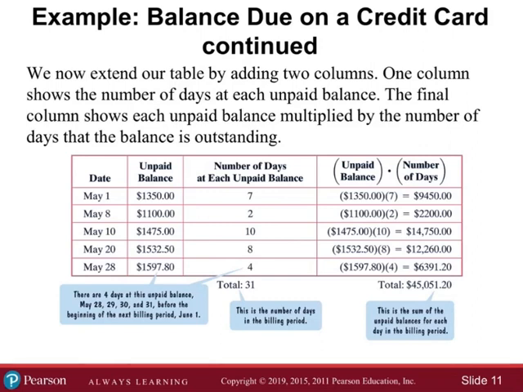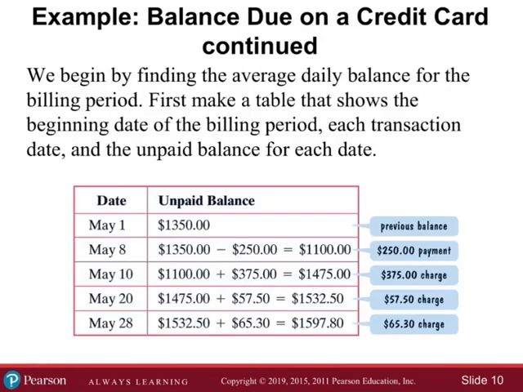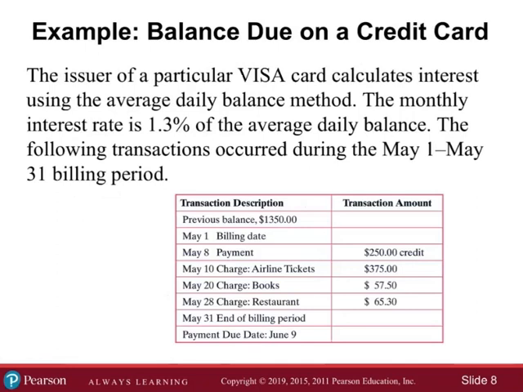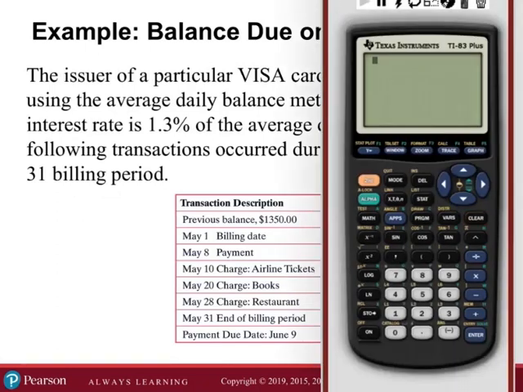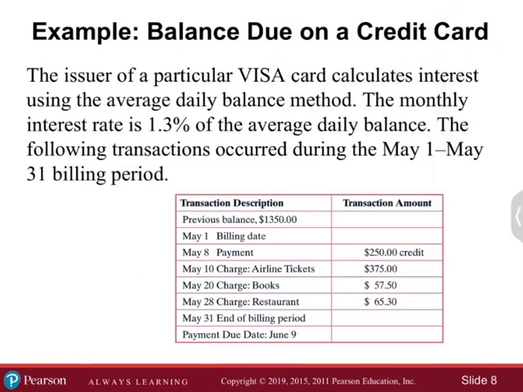So I was missing something, right? Number of days at each unpaid balance. So we have to think about the number of days. So when did they make their payment? So this is wrong because I wasn't thinking about the days that these balances are in the system.